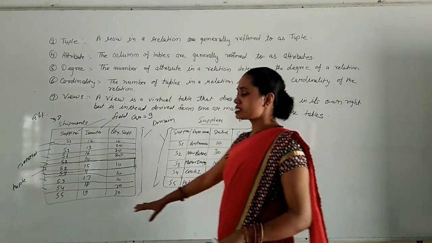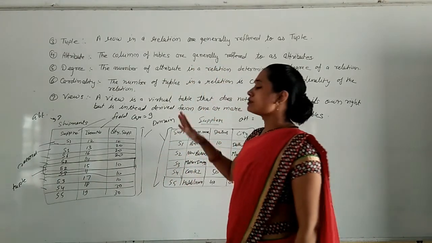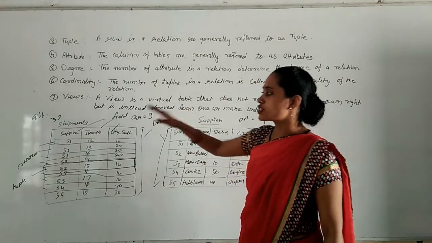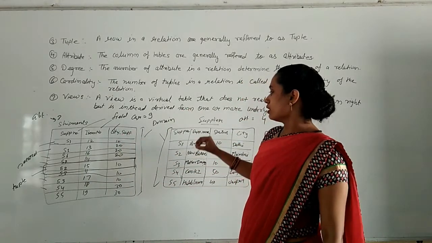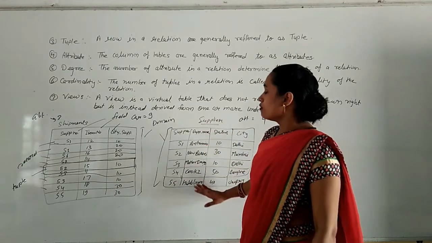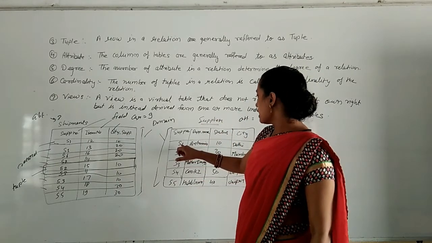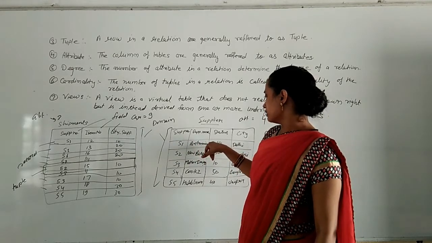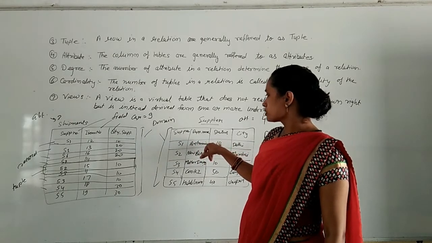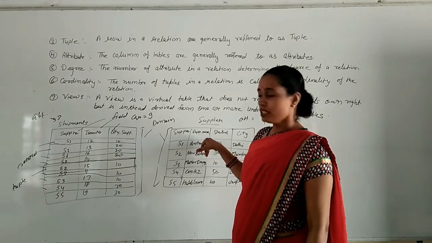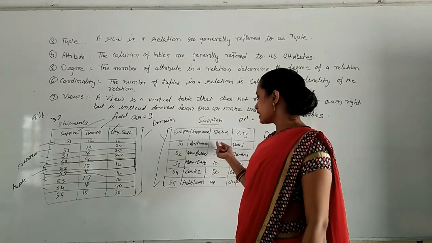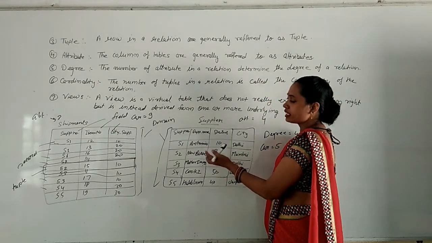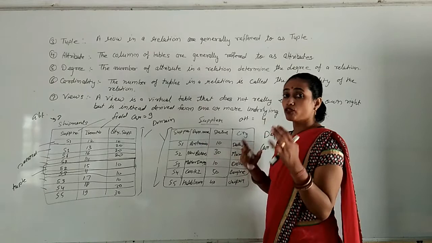I have made these tables in the database and I give a condition: find the data from the shipment table and the supply table where the status is 10. We have two statuses of 10, so it will access the data and make a virtual table.